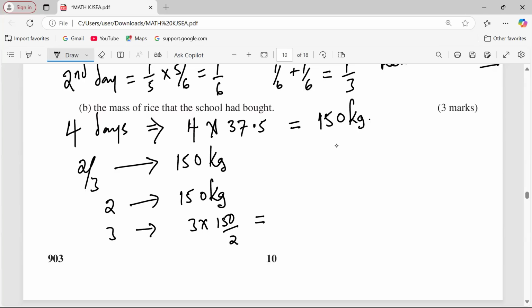And this is going to give us 225 kgs of rice. So that is what had been purchased by the school.